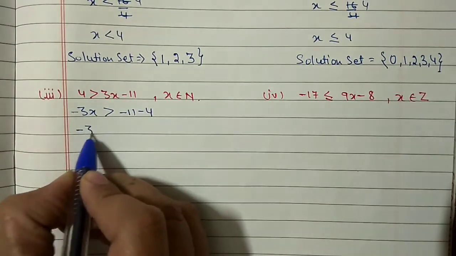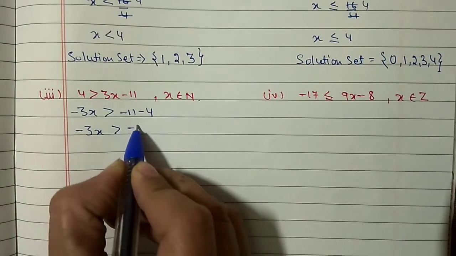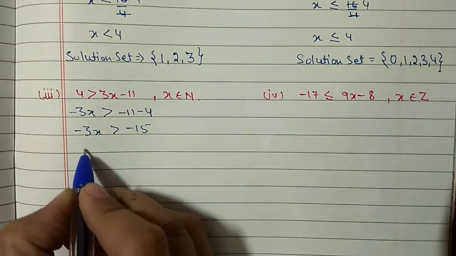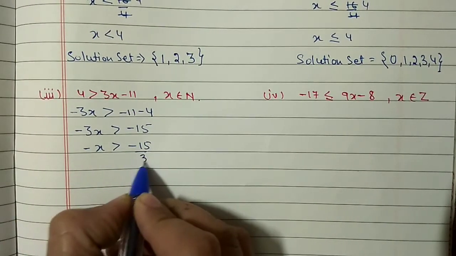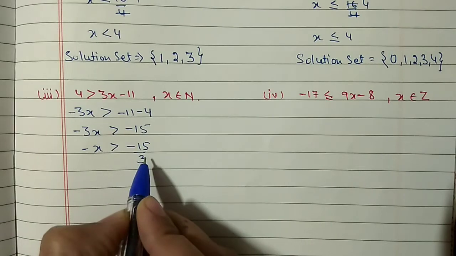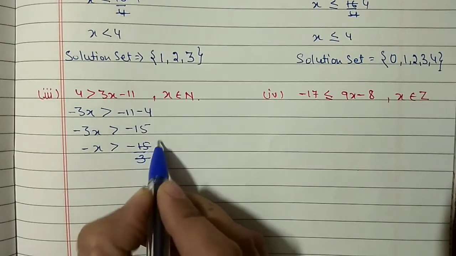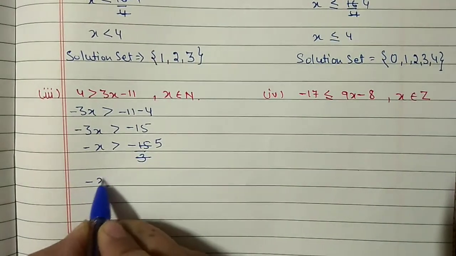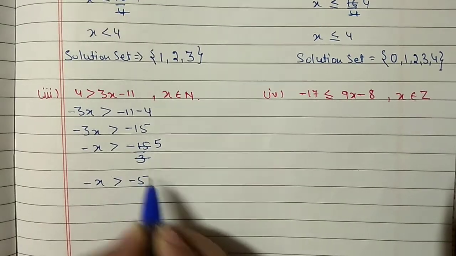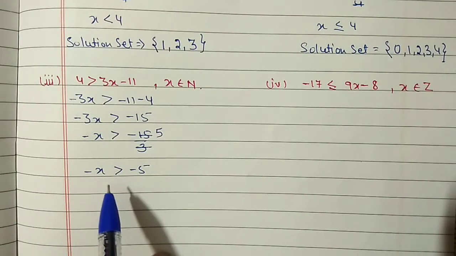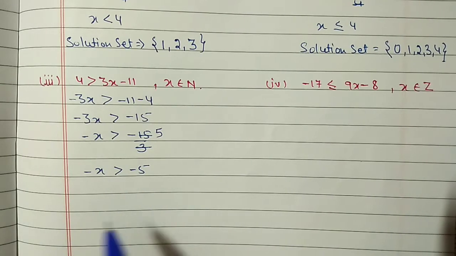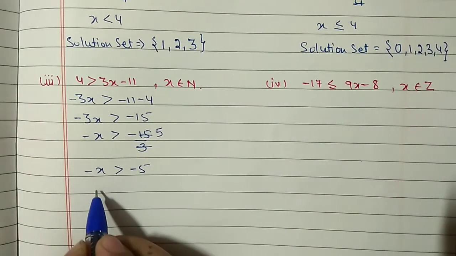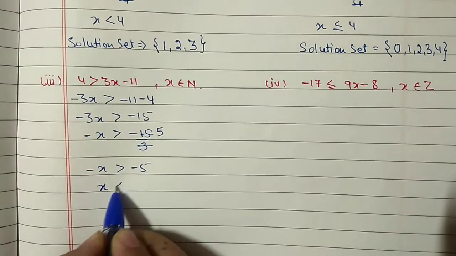So I have minus 3x greater than minus 15 or minus x greater than minus 15 by 3. 3 is here in multiplication, after shifting it will go for division. So we have minus x greater than minus 5. At this step you should be very careful. When this minus we will cancel out, we have to reverse this inequality symbol. So it will become x less than 5.